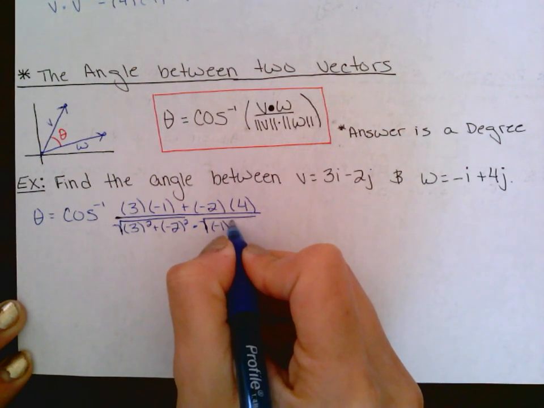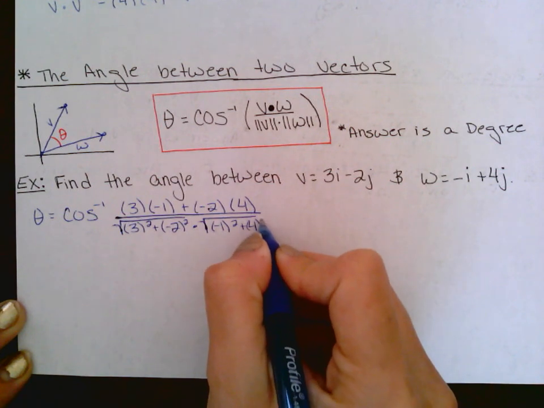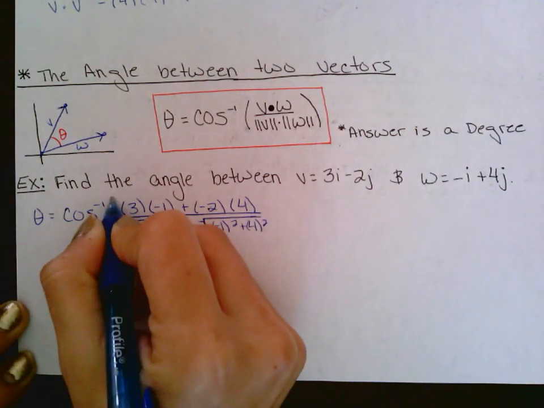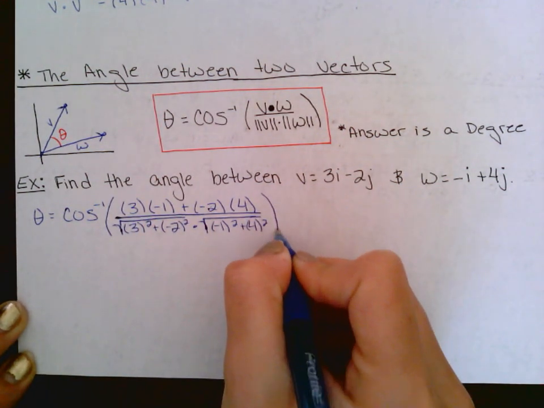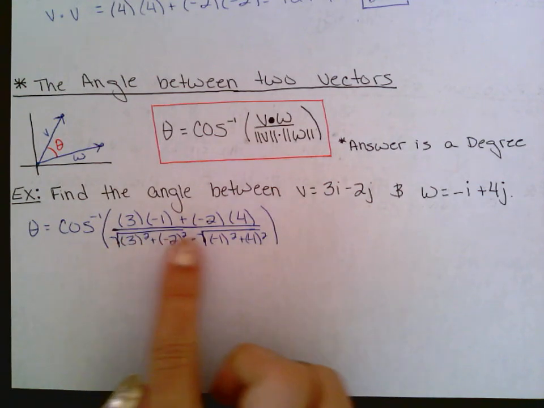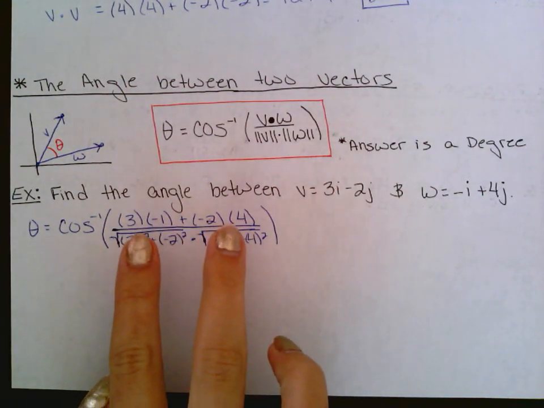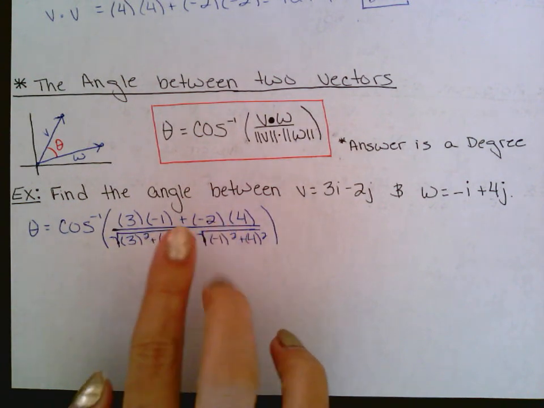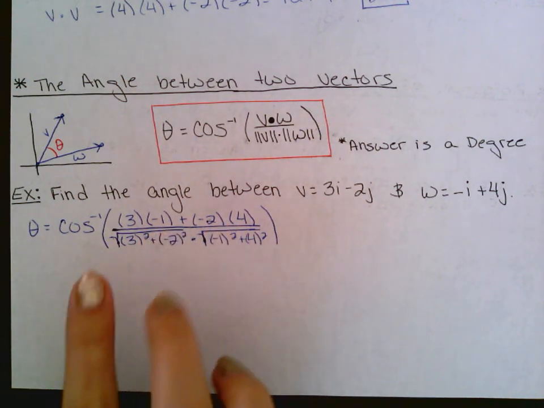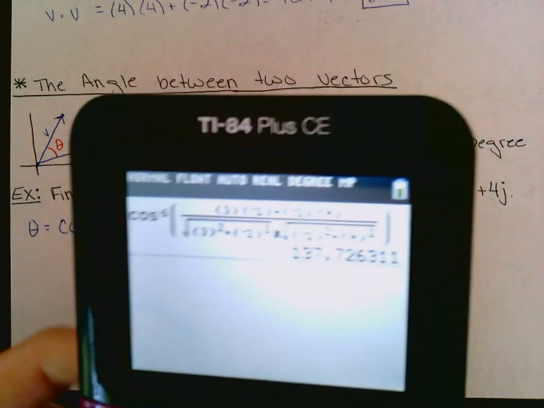So I take -1 squared plus 4 squared. All right, so as long as you fill this all out, remember, dot product in the top, multiply the I numbers, multiply the J numbers, add them, and then each of the magnitudes, you can plug all of this in at once into your calculator, okay?